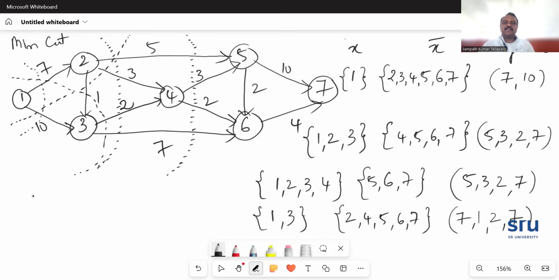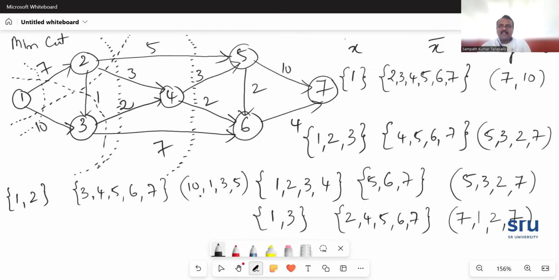It means that my X is going to contain 1 and 2 as one set, and the other set is 3, 4, 5, 6, and 7. So what is the sum of the edge set I have here? The edge set is 10, 1, 3, 5. Okay, this is the fifth one.